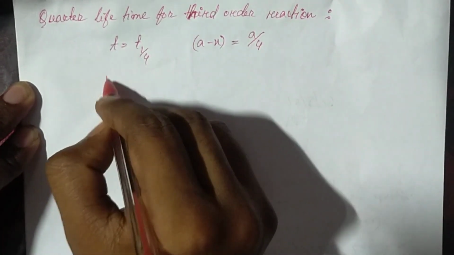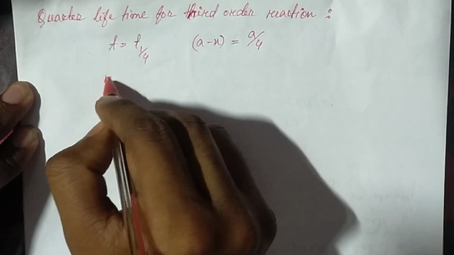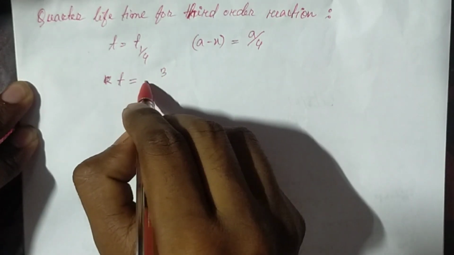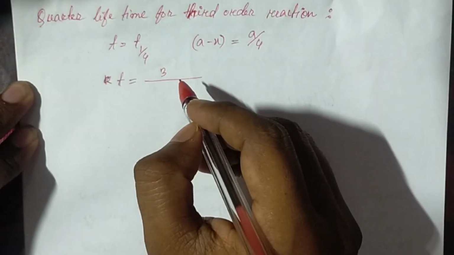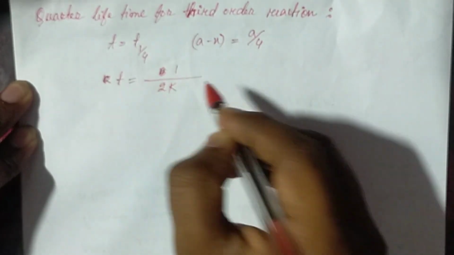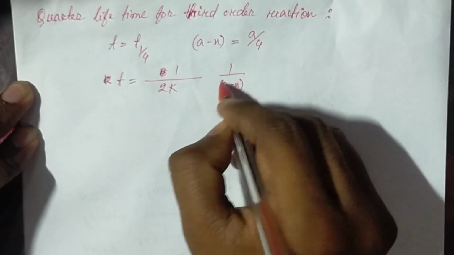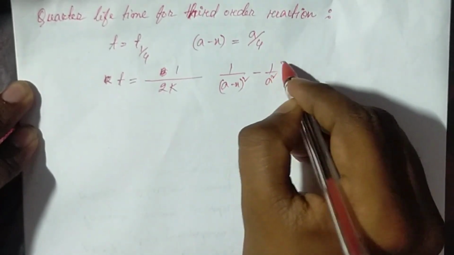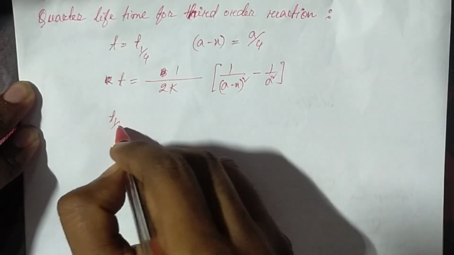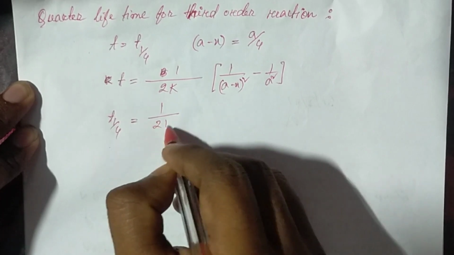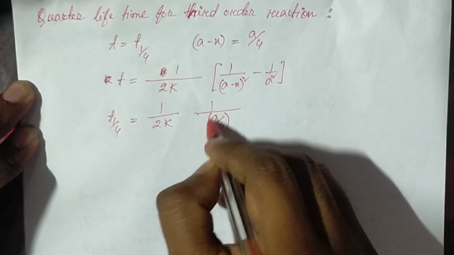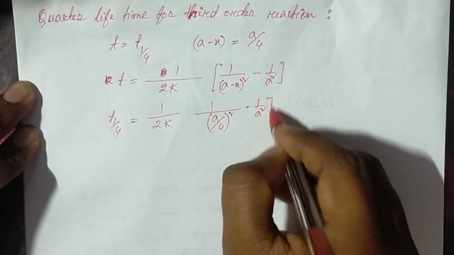The general equation is t is equal to 1 by 2k into [1 by (a minus x) whole square minus 1 by a square]. So we put this value in this equation, and it will be t 1 by 4 is equal to 1 by 2k into [1 by (a by 4) whole square minus 1 by a square].